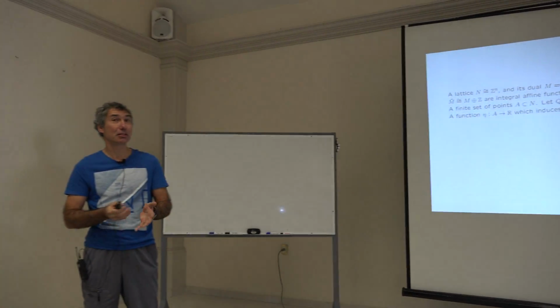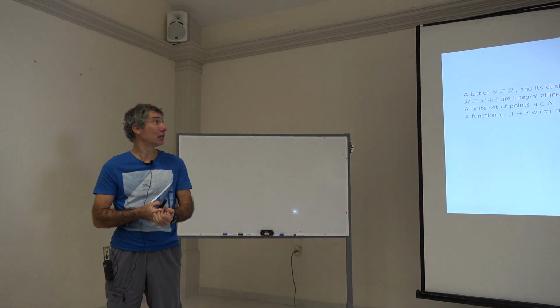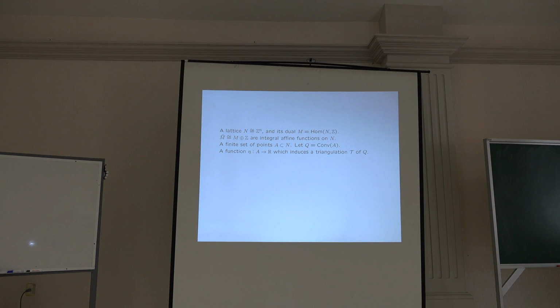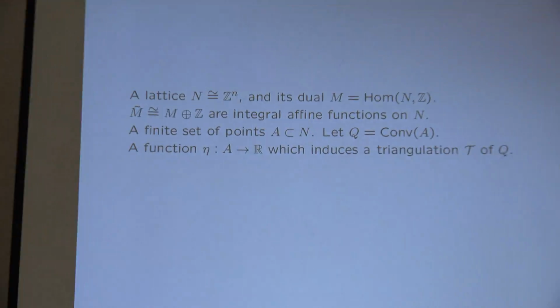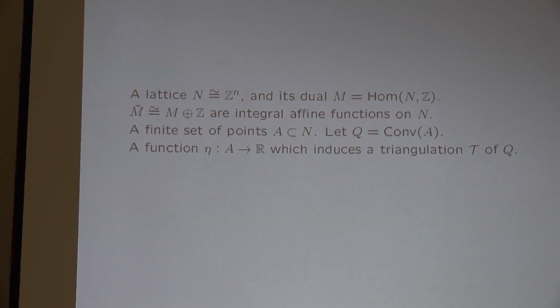We have a lattice, an n-dimensional lattice, N. We have integral linear functions on this lattice, M. And we will also sometimes be using affine functions. And we are given a finite set of points in that lattice. Maybe I'll draw an example in a second.